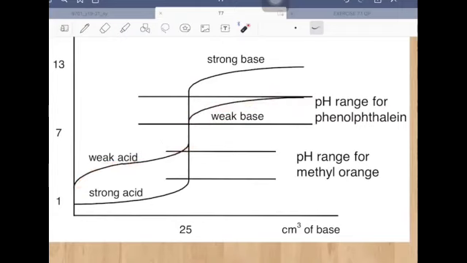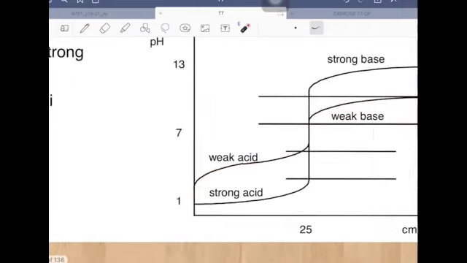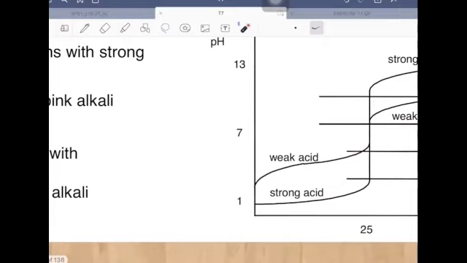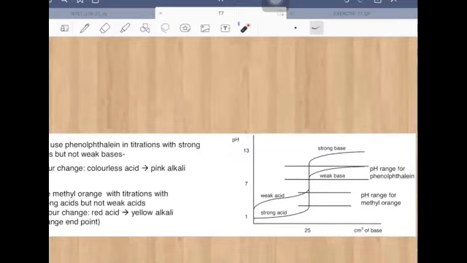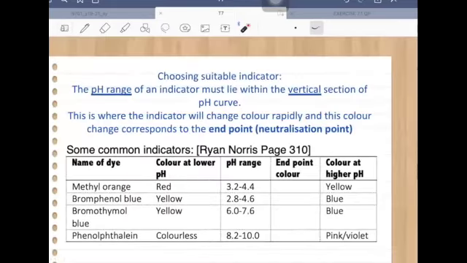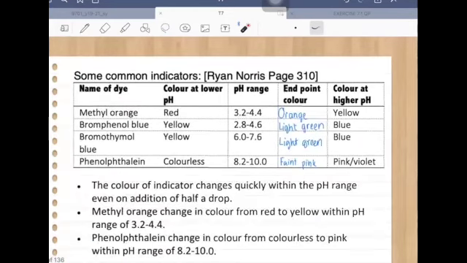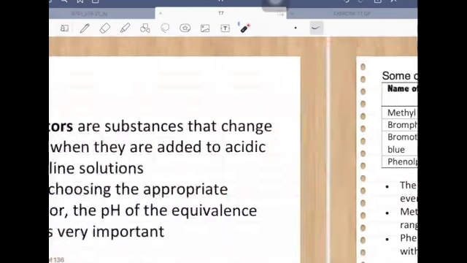Okay, now with that, that's the last part of this topic. Next, I want you to fill in your pH curve.